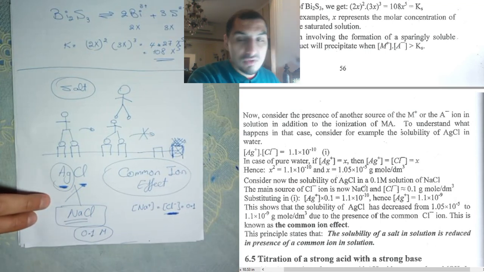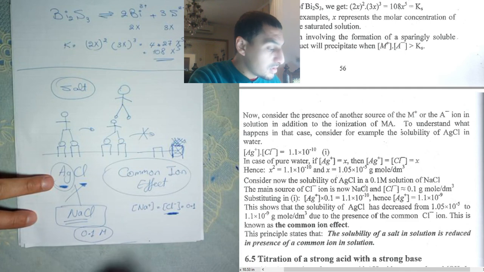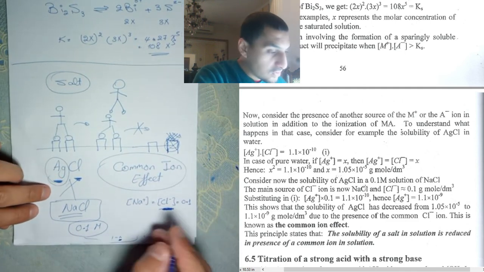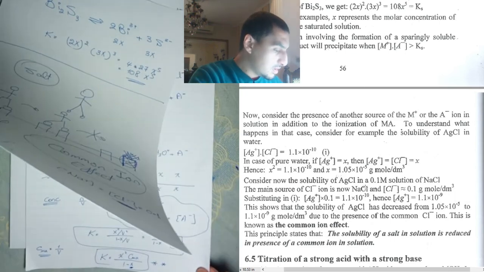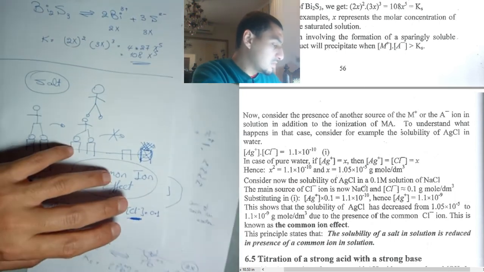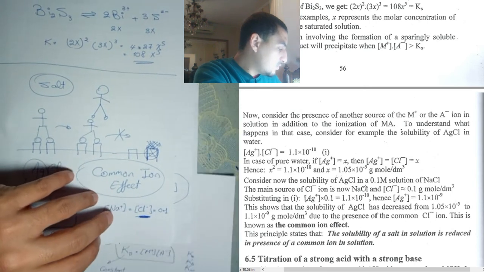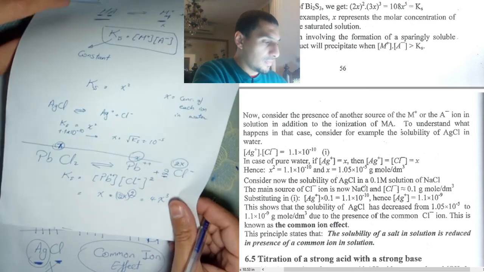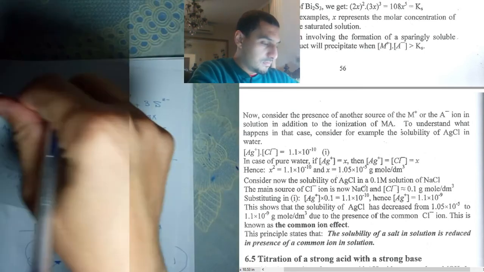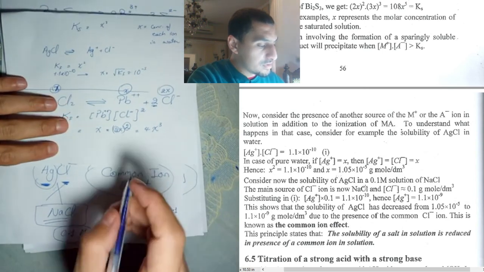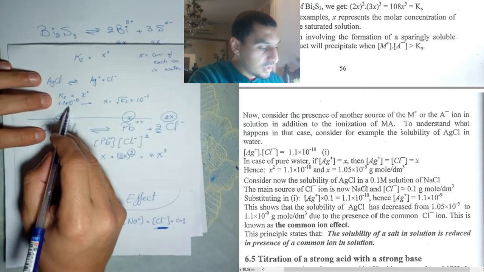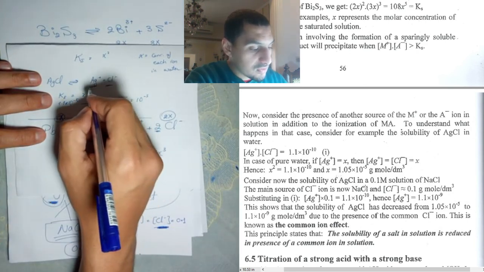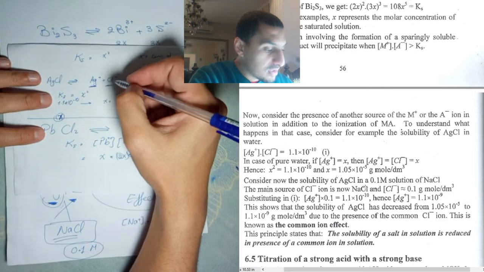If now I want to dissolve the silver chloride in the solution that already contains sodium chloride, I mentioned this before, a few minutes ago, that for silver chloride, I was able to calculate the K by using the solubility product, and I multiplied the concentration of chlorine by the concentration of silver, assuming that they both are the same.